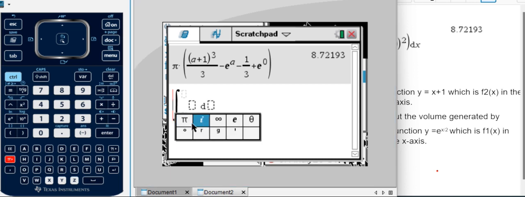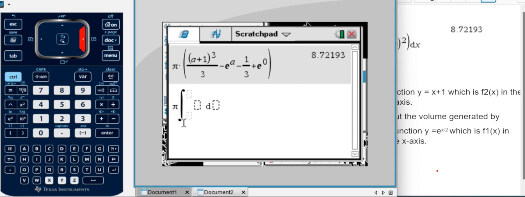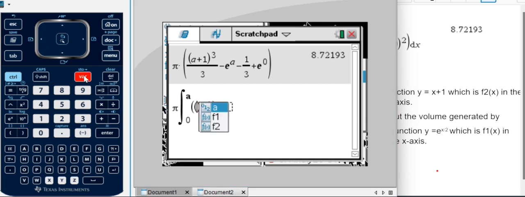So use this, pi outside, and then put in here 0 as the lower bound. Upper bound is my A. And then inside, I need to put a big bracket, and then another bracket, minus another bracket. So for the function, you do vars, and then select that my linear function is f2, and then put in x, and then square.